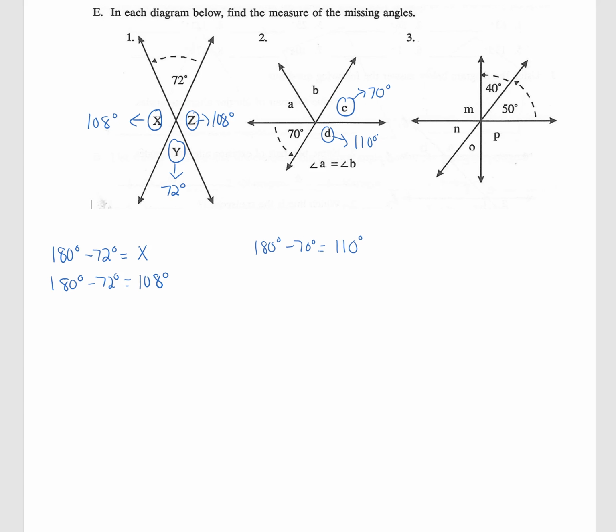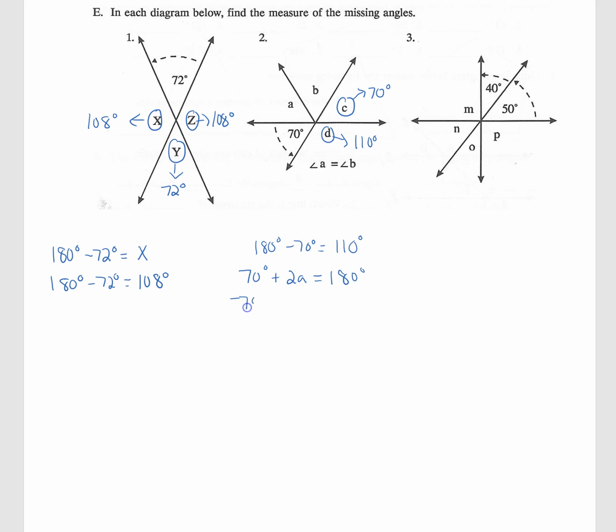And then to figure out these other two, there's a couple different ways we can do it. We know that to make this straight line, 70 degrees plus A plus B has to be 180. And we've been told in the question that A equals angle B. So one way we can write this is that 70 degrees plus 2A, because A is the same measure as B, has to equal 180 degrees.